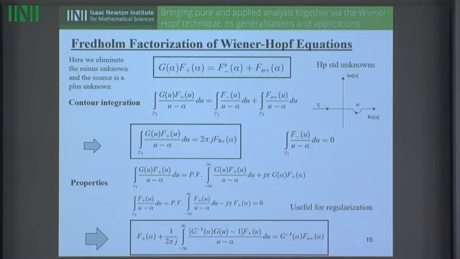So let's see how to obtain the Fredholm integral equation starting from the inhomogeneous Wiener-Hopf equations. Here is a quite dense slide, but the procedure is quite standard. You have these equations. First of all, we try to eliminate the minus unknown. To do that, we apply the smile contour to the entire equation. Here is reported the application of the smile contour.